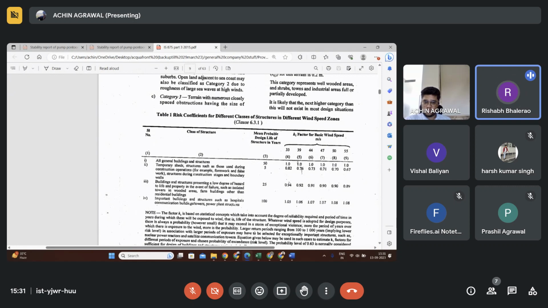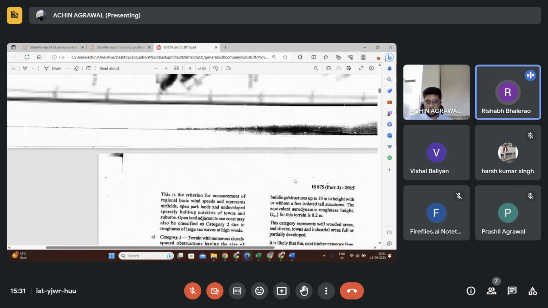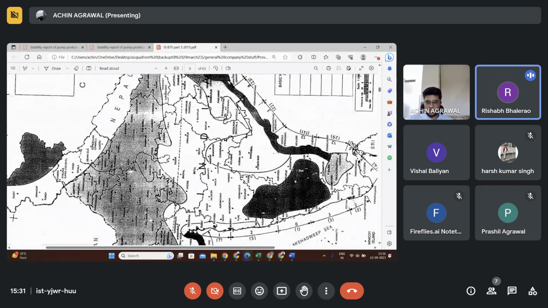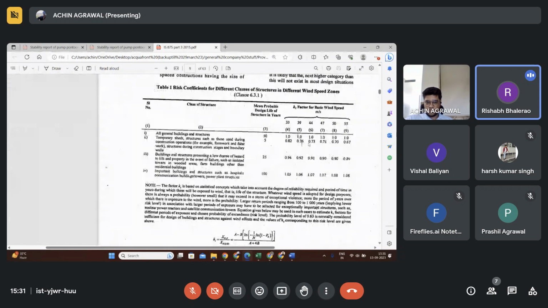My justification for 5 years will be the class of structure, serial number 2 in this table. Serial number 2 is for temporary structures, such as those used during construction operations.